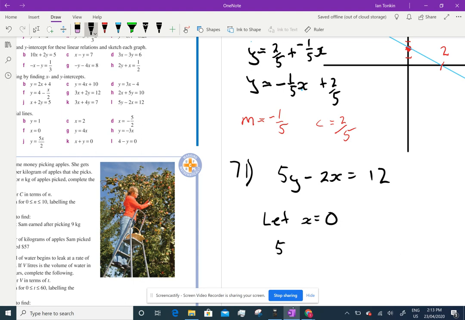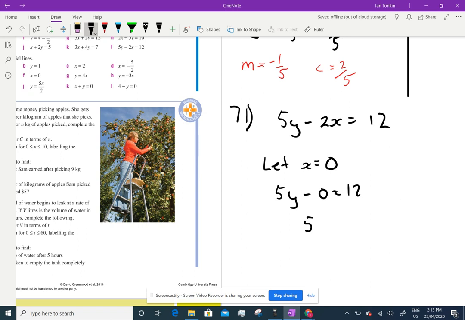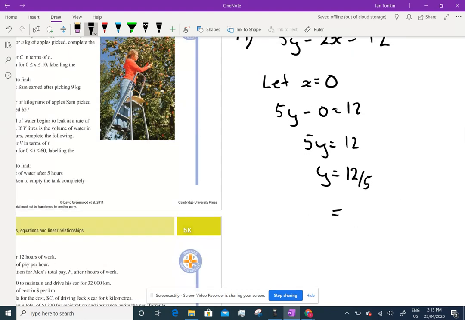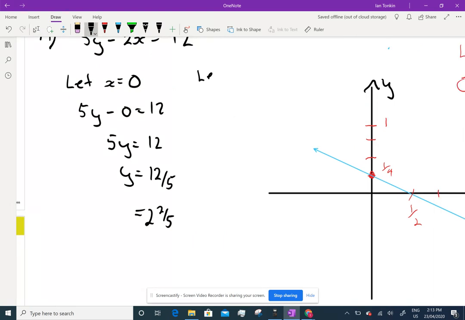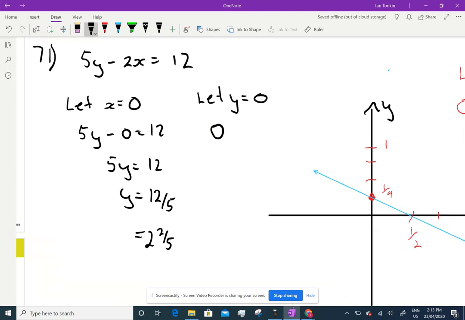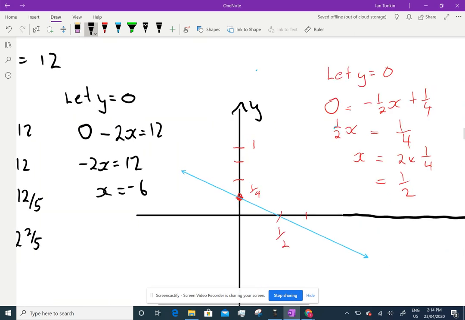And I'm going to get 5y minus 0 equals 12, 5y equals 12, y equals 12 on 5, which is 2 2/5. Now, let's let y equal 0, and I get 0 minus 2x equals 12, minus 2x equals 12, x equals -6. Okay, so I've got my intercepts.